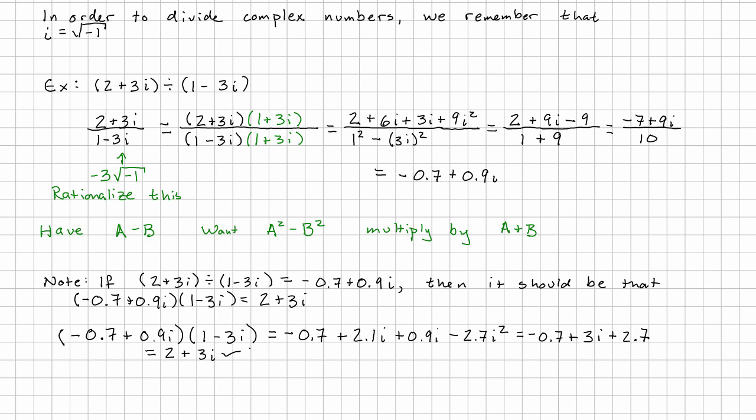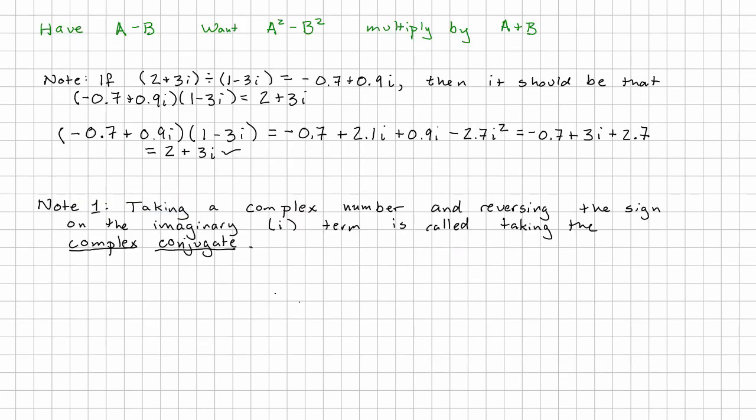Now a couple of things to note. This move, where we take a complex number and reverse the sign in the middle, is so common that it has a special name. If we take a complex number and reverse the sign on the imaginary term, that's called taking the complex conjugate. So the conjugate of 1 minus 3i is 1 plus 3i. The conjugate of 4 minus 6i would be 4 plus 6i.